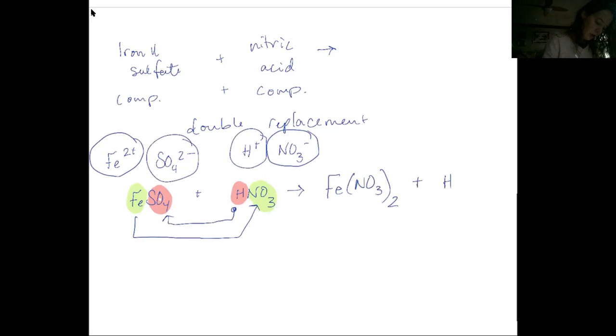Look at the charges, H2SO4. We need a 2 here and a 2 here. Something's wrong. Why are there 2 sulfates over here? Oh, we don't need this 2 right there. That's better. Okay.